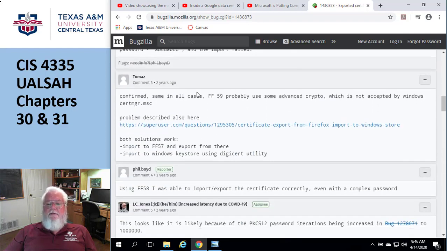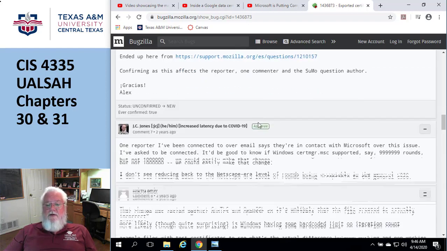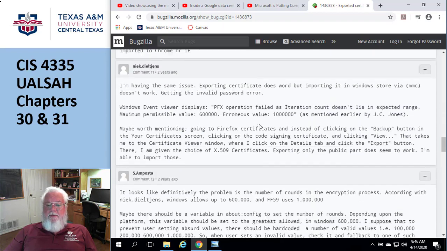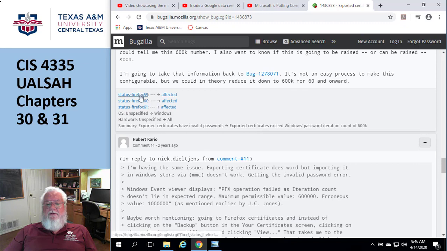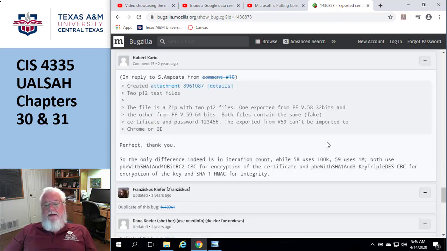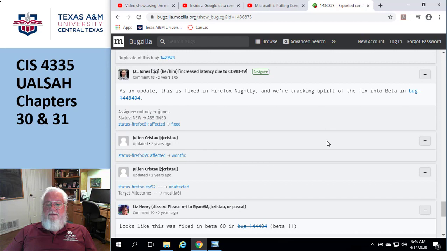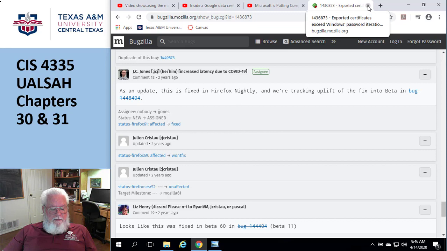This is a great system for showing the evolution of what happened. He basically said, okay, I can prove that it's in versions 59, 60, and 61. Finally they came up with a new version that actually fixed it. In Firefox 61, they actually got it moved over to fixed. Hooray! Cool. So that's a kind of cool way.